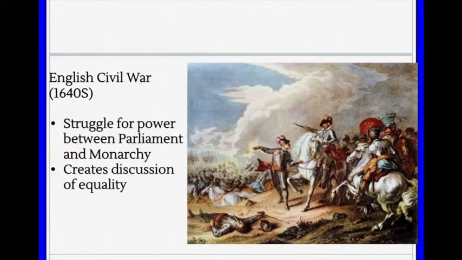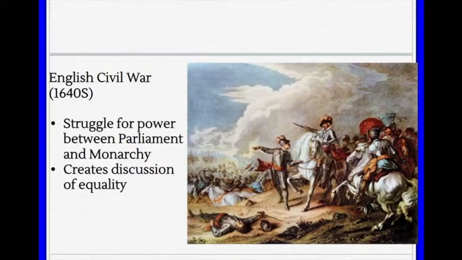Two events that influenced the American Revolution were the English Civil War and the Glorious Revolution. The English Civil War took place in the 1640s, and it was a struggle for power between Parliament and the monarchy. Parliament had accused the monarchy of jeopardizing liberty by imposing a tax without the Parliament's consent.